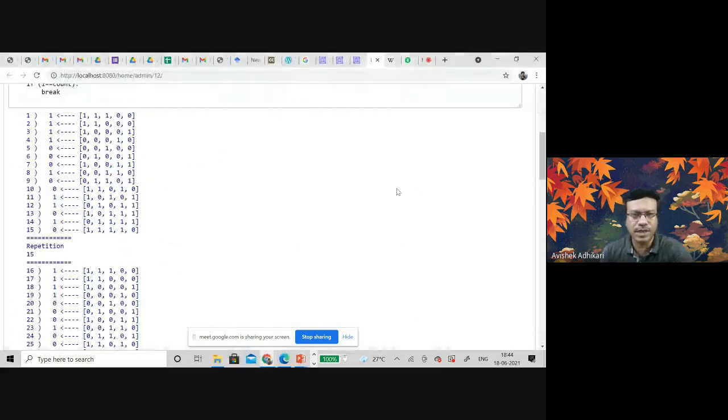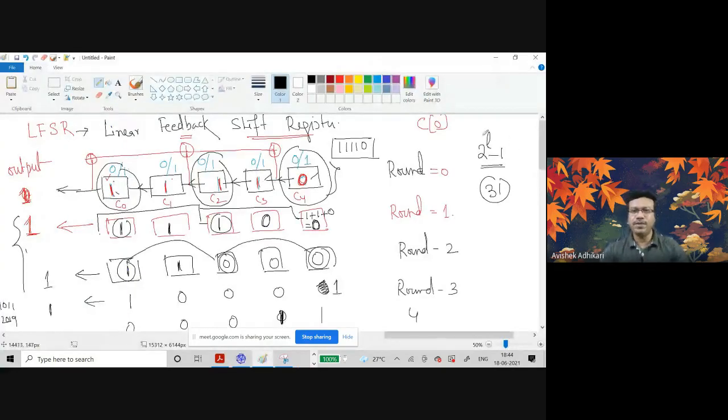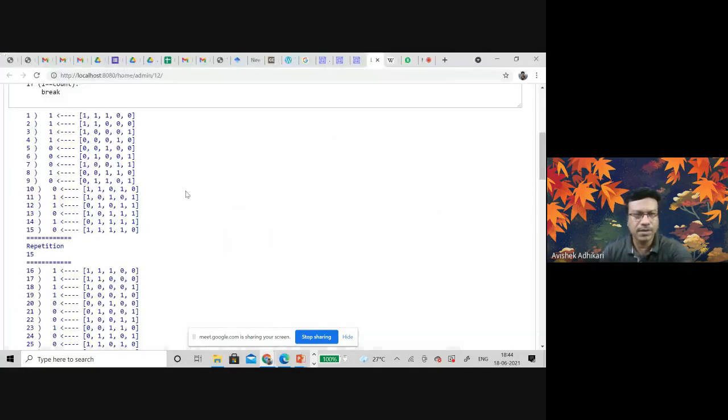After 15 steps, it's again repeating. I started with these 5 states. If I send this small key to the other person, he is also able to generate the same key stream like me, but a much bigger key stream of 15.